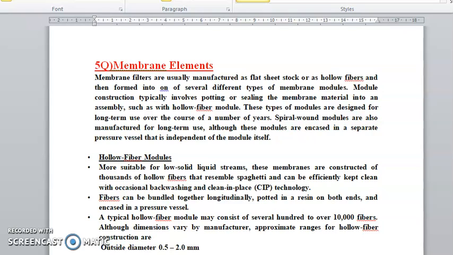These types of modules are designed for long-term use over the course of a membrane's life. Spiral wound modules are also manufactured for long-term use, though these modules are anchored in a separate pressure vessel that is independent of the module itself.